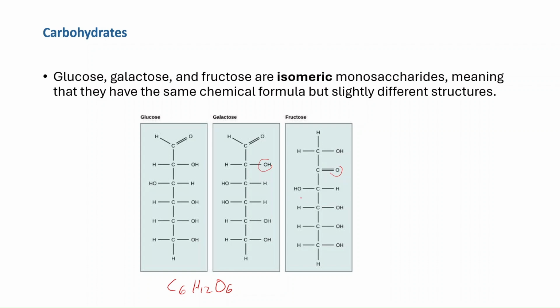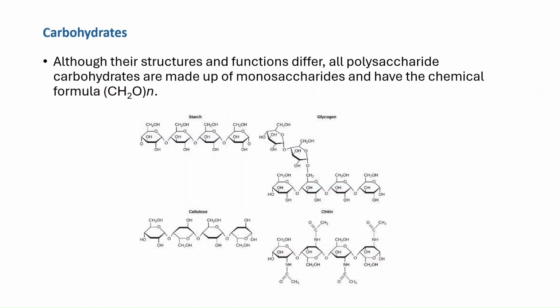Sometimes the locations to the right or to the left. You see this OH in here? That matters, whether to the right or to the left in the molecule. Those are called isomers or isomeric molecules. You do not need to know the formulas. That would be silly. These are just some examples.